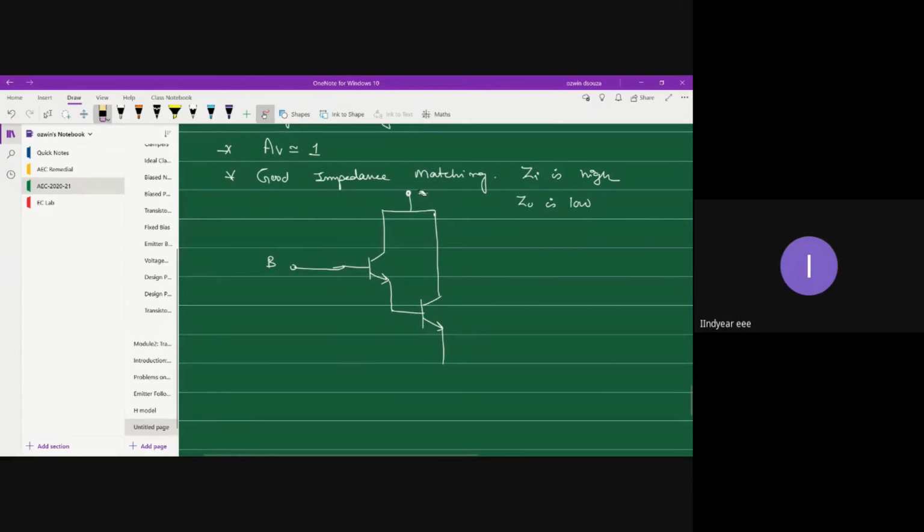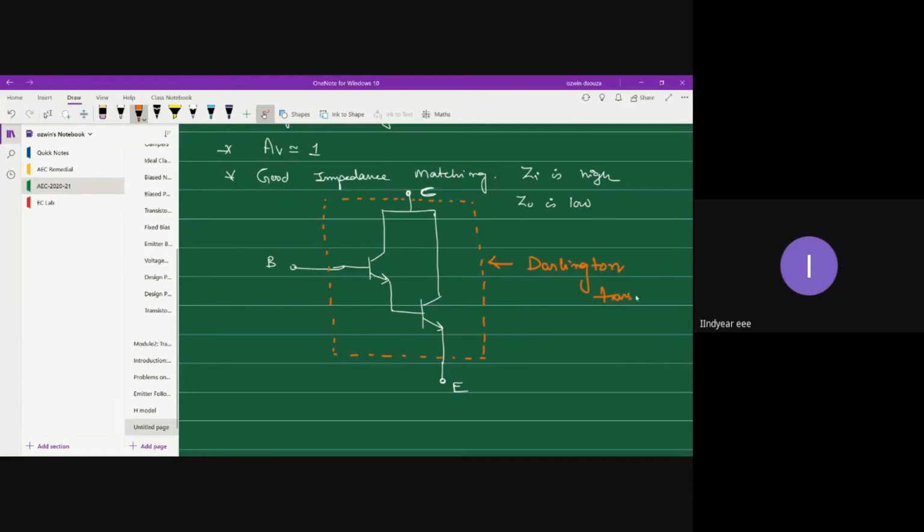I will not write VCC; let me just take this as the collector terminal. And this is your emitter terminal.